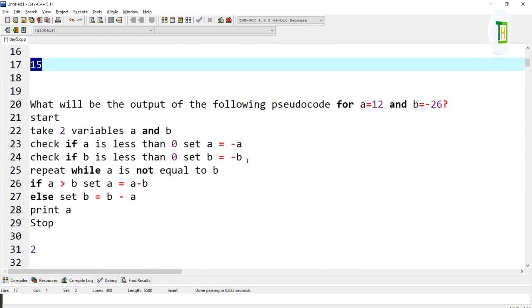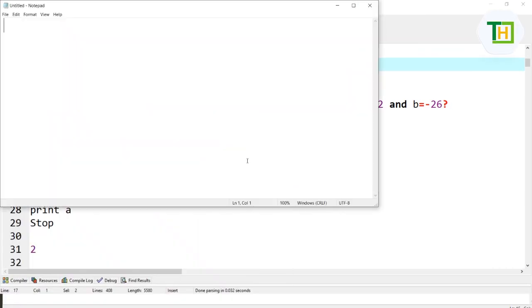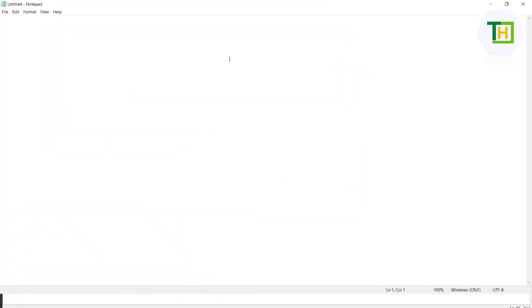When you are working with pseudocode, especially for Capgemini or Accenture, they are going to ask nearly 15 to 20 MCQs on pseudocode here. And here you have to know about binary operators, that is bitwise AND, bitwise OR, bitwise XOR and bitwise NOT here.